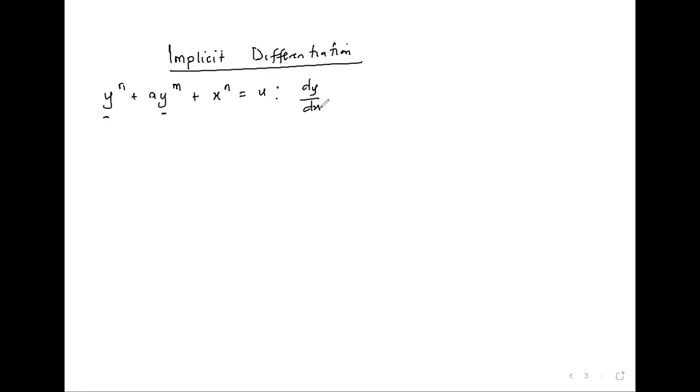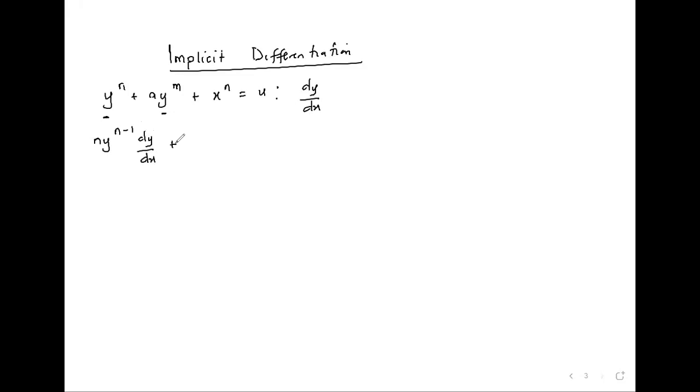If I can't make y the subject, but they still want me to find the derivative of y with respect to x, I'll differentiate y^n as if it's just a normal function x^n. So I'll say n y^(n-1), but because I've differentiated y as if it's x, I'll multiply it by dy dx.